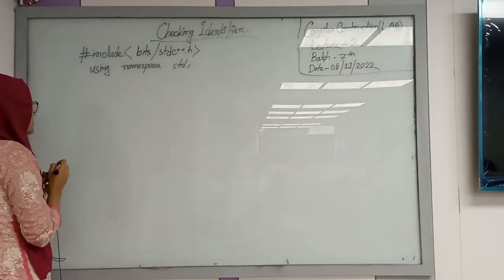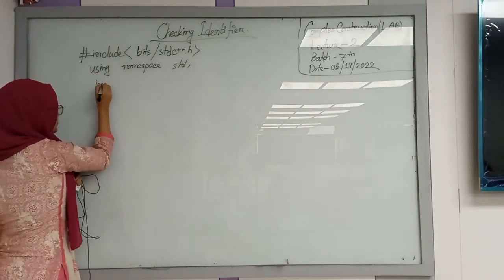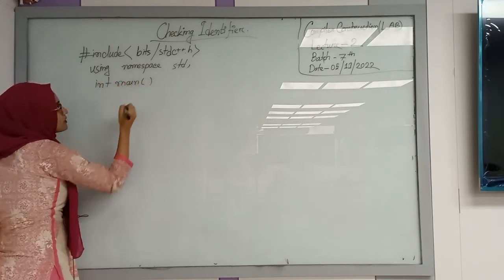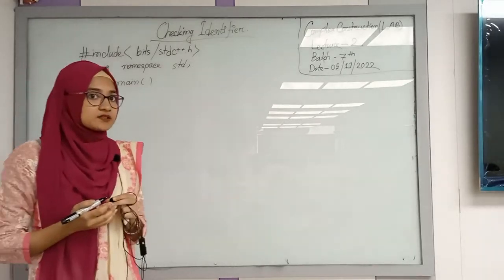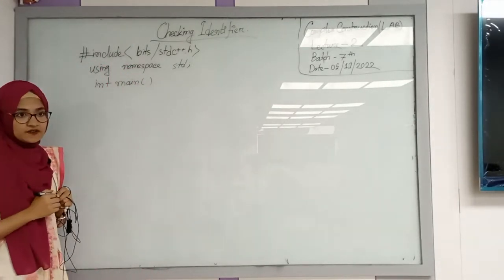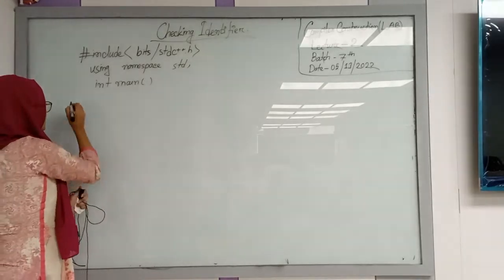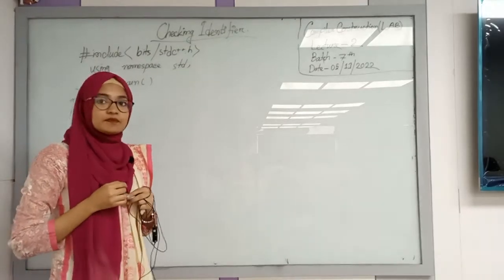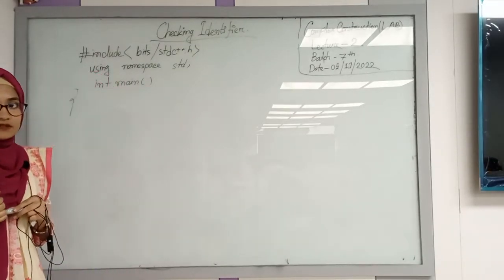Okay, then we will start with checking the identifier. Last day it was checking the comment line. Today it is checking the identifier. Okay, you need to save it with .cpp. Don't forget that.